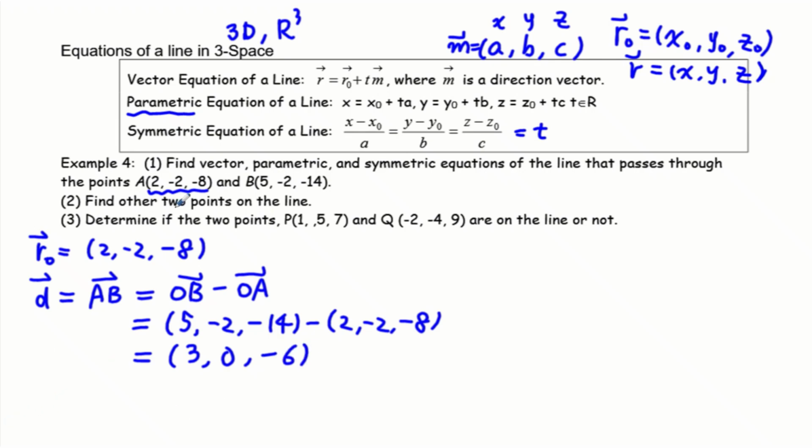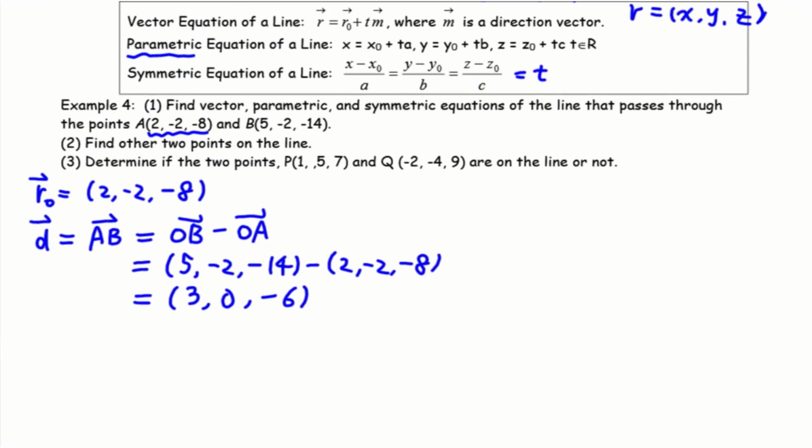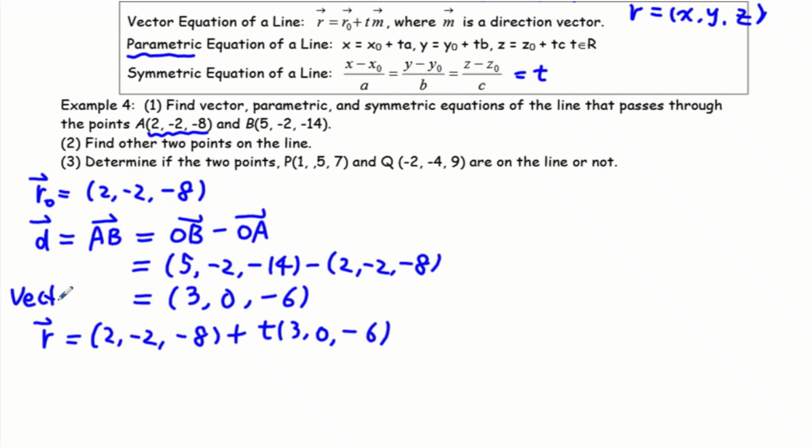Then we use these three forms, like the formula for the equation of a line. So R0 is 2, negative 2, negative 8 plus t times the direction vector 3, 0, negative 6. This is our vector equation.